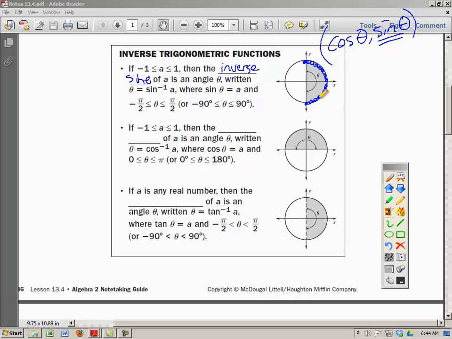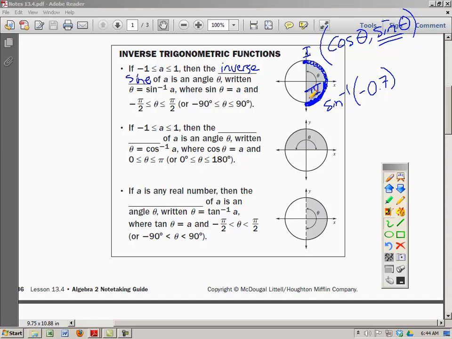All right? So if I asked you for the inverse sine of negative 0.7, that says what angle did I take the sine of and get negative 0.7? Well, if that's going to be negative, it's got to be down here in the fourth quadrant. So essentially what I'm saying is when you take the inverse sine of something, you're going to get an angle that's either in the first quadrant or the fourth quadrant.